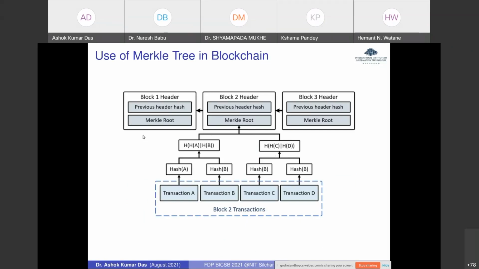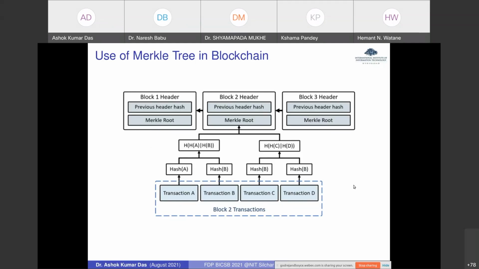For each and every block, the transactions will be different. Hence the Merkle root, because it is the hash of all the transactions, will be distinct. So in general, due to the application of hash functions, the Merkle root for each and every block is unique and distinct.